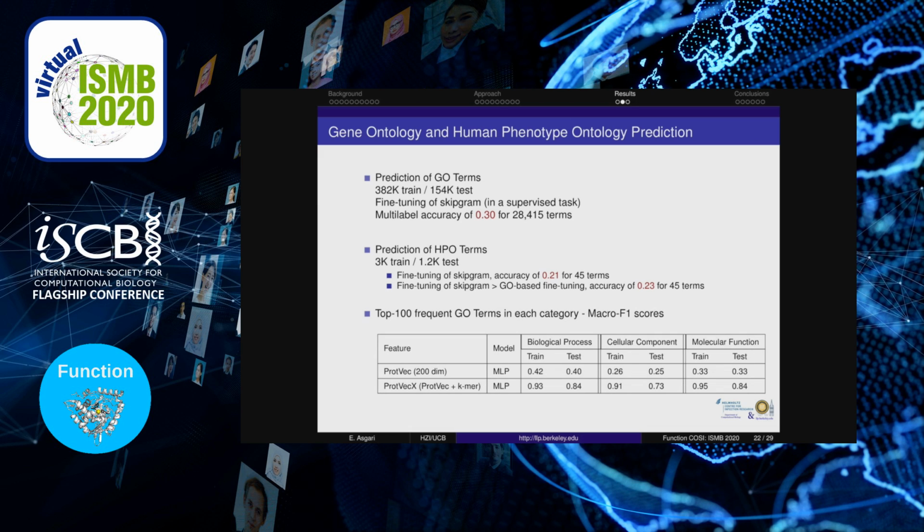Another approach that we included in our submission was prediction of gene ontology terms, this time only for the top 100 frequent GO terms in each category of biological process, cellular component, and molecular function. We use just a multi-layer perceptron as the model, and we test the performance of ProtVec versus concatenation of k-mers with ProtVec, and we showed that we can achieve high macro performance when we use the concatenation.